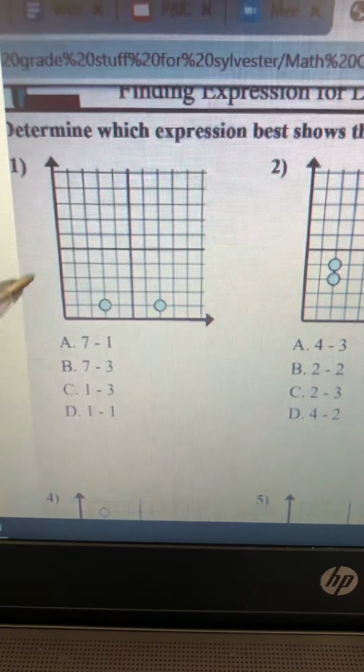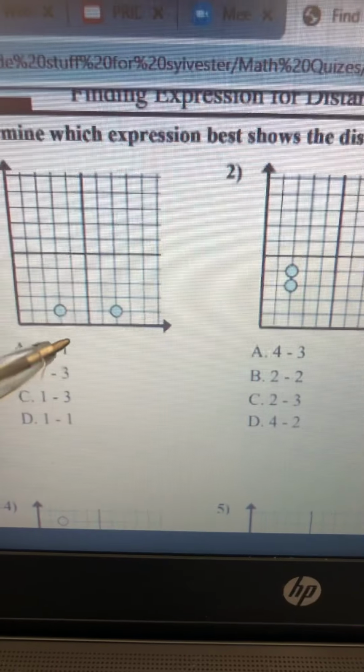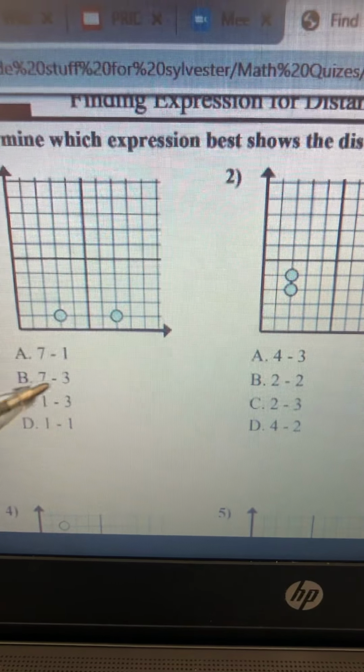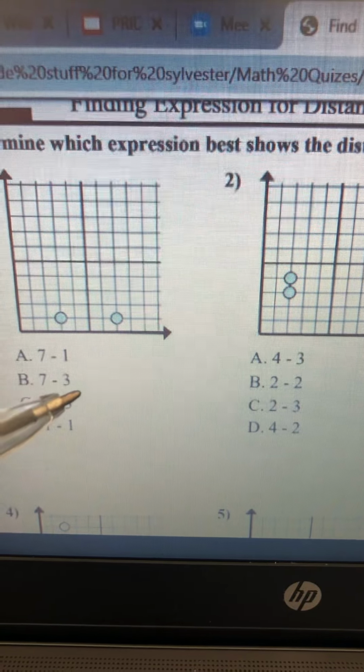So there's 4 spaces in between, right? The one that best represents this would be 7 minus 3, which equals 4. So 7 minus 3 equals 4 is the expression that best shows the distance between the 2 points.